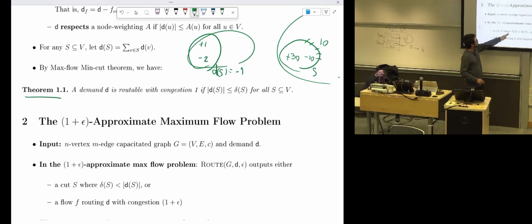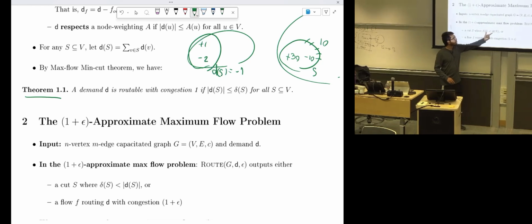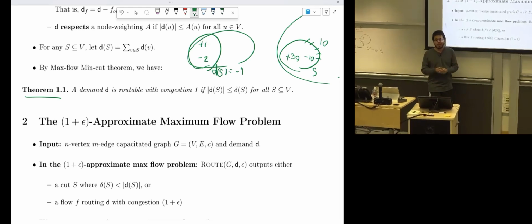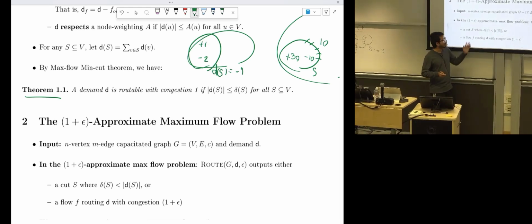Otherwise, if this is false for all cuts, it means that there is a way to route D with congestion 1. But we have some slack here instead.